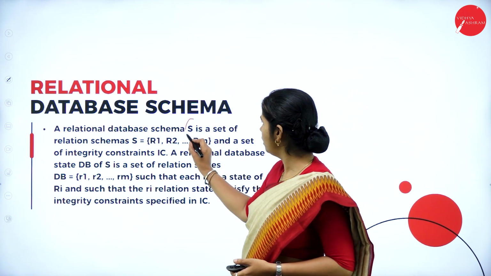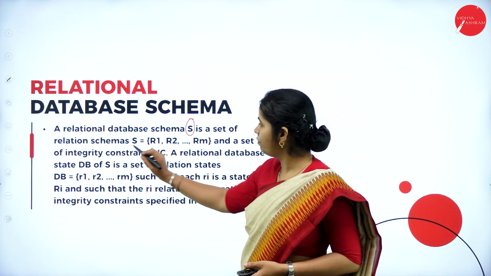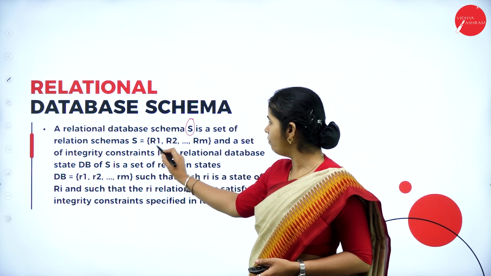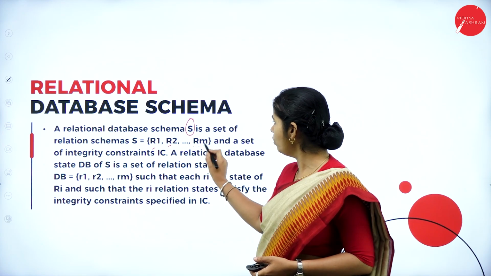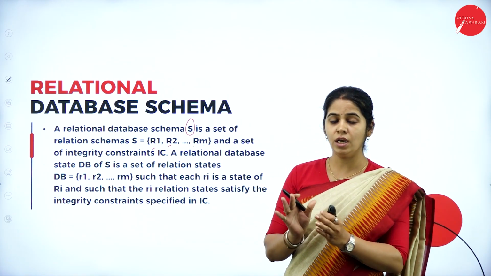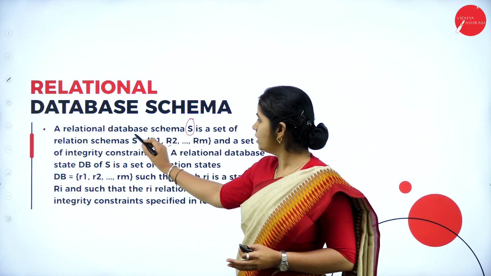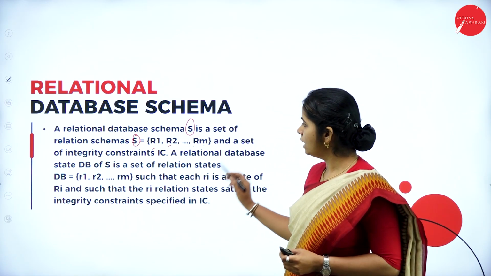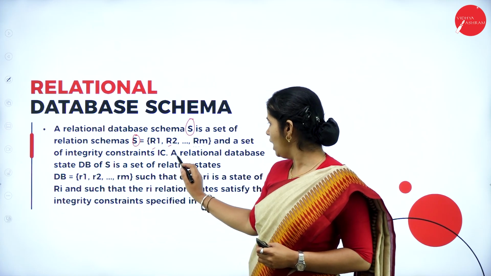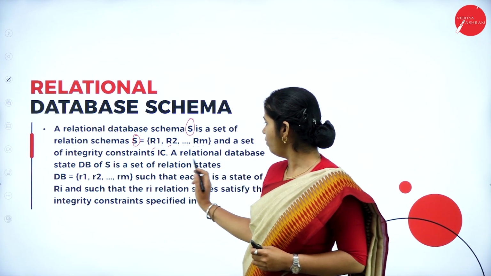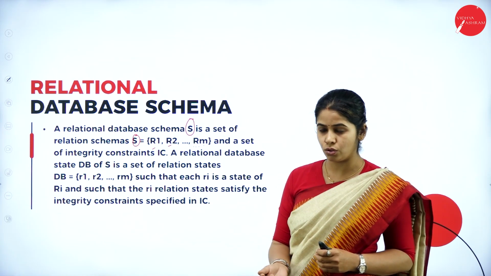Schema is represented using S. S is a set of relation schemas with different relations R1, R2, R3, and so on up to Rm. Different relations put together into one form is called the relational schema S, along with the set of integrity constraints.